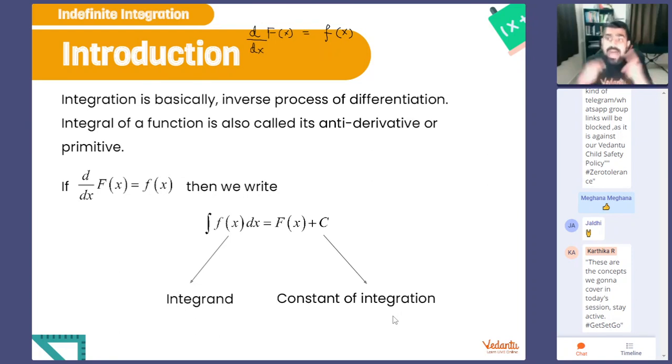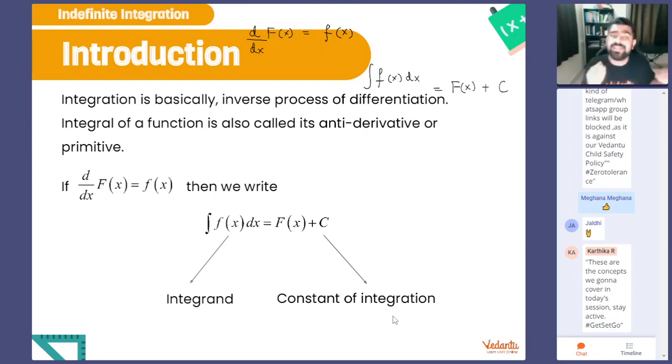Now what did I say? I said that integration is the reverse process of differentiation. Correct? So we can write the integral of f of x dx is equal to capital F of x plus c, a constant we always add, which is called the constant of integration.